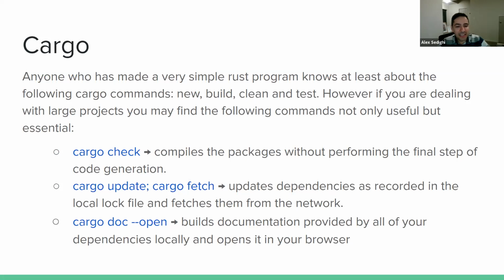The other thing is cargo update and cargo fetch. Again, there's a concept, Cargo.lock. What Cargo.lock does is lock everything: all the dependent libraries, everything that your project needed to make a binary.